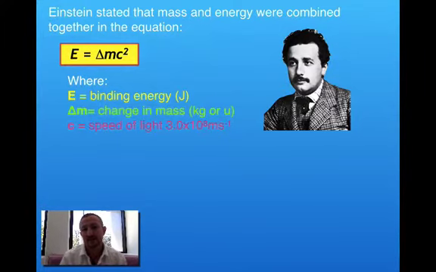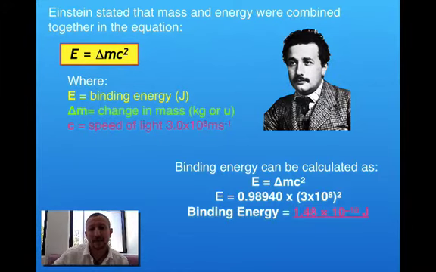So E is the binding energy in joules, delta m is the change in mass, in kilograms or atomic mass units, and c is the speed of light, 3 times 10 to the 8 meters per second. Note that if I'm dealing with mass in atomic mass units, I'm going to have to use my scale factor of 1.66 times 10 to the negative 27 in order to convert it into energy, because the mass has always got to be in kilograms.